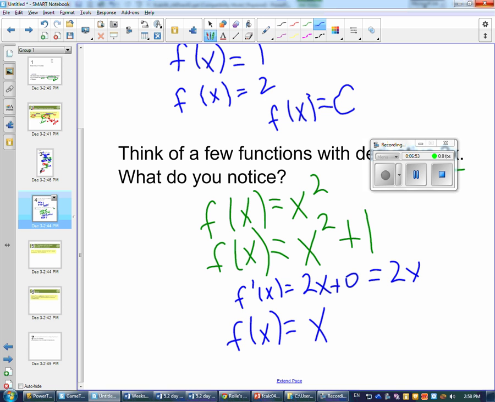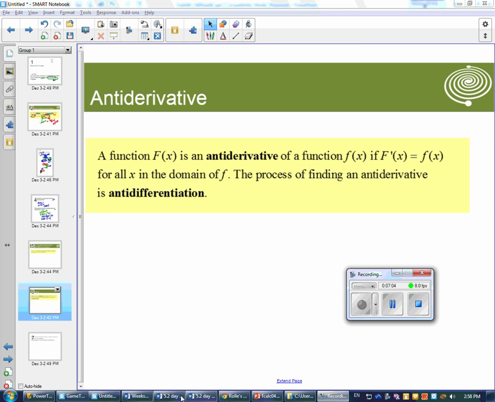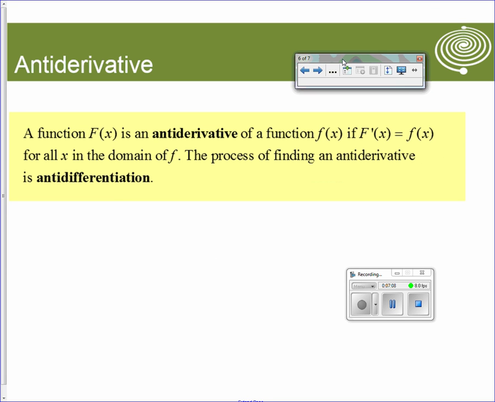So we can add a number, any number at all, I'm going to call it c, and it will have the same derivative. That's going to be important for us when we're talking about antiderivatives. The antiderivative is the opposite of the derivative. We're going to use the symbol capital F for antiderivative.